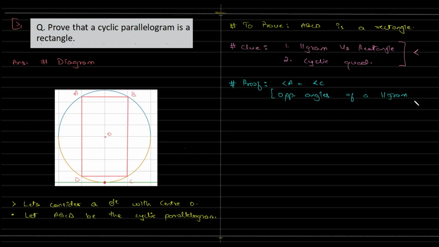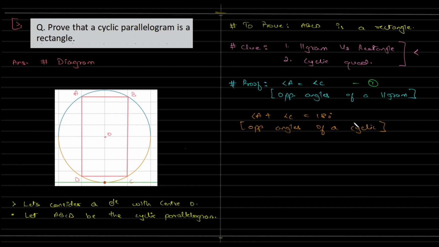Because they are opposite angles of a parallelogram. That's what I meant. Now, angle A plus angle C is equal to 180 degrees. But why is this so? Because they are opposite angles of what? We already wrote parallelogram, so it has to be a cyclic quadrilateral.